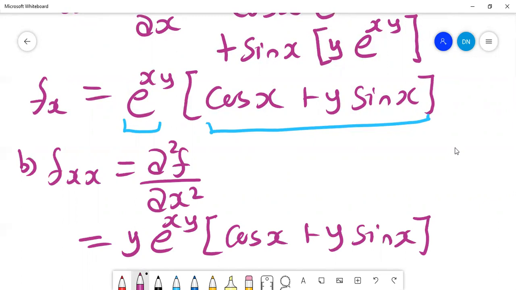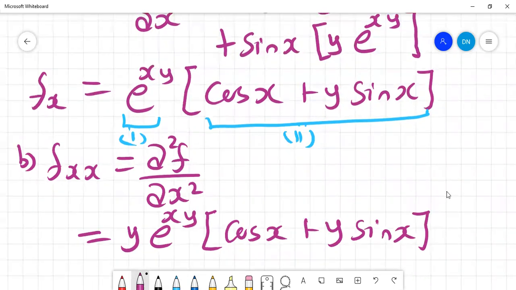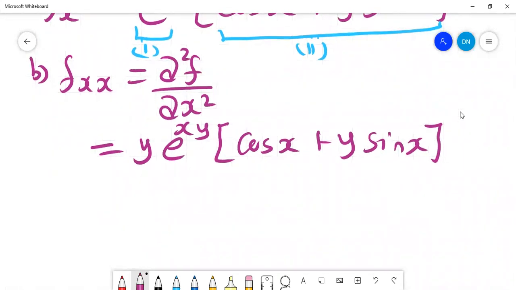So I've differentiated the first part because I've said I have two parts, part 1 and part 2. So my first is I've differentiated e raised to the power xy with respect to x. So I got y, then plus everything. That is the first part of my solution. And then plus.